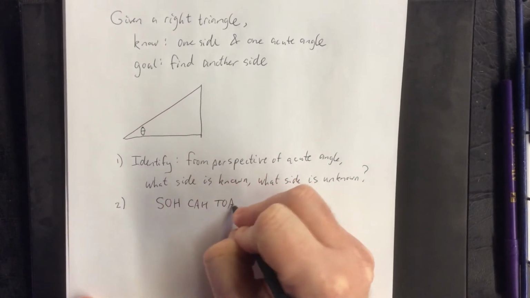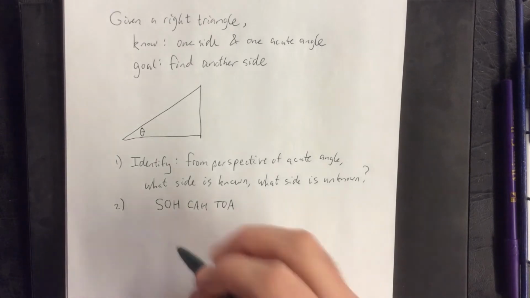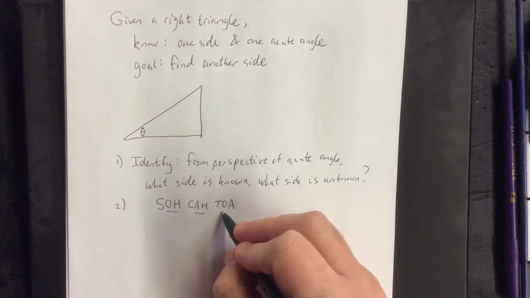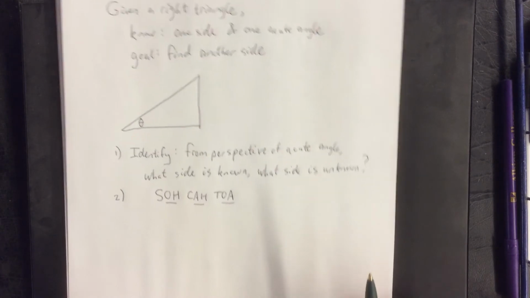Now, given that we talked about using the calculator to approximate answers, the calculator is only capable of dealing with the sine, the cosine, and the tangent. So, whichever pair you have, whether it's opposite and hypotenuse, adjacent and hypotenuse, or opposite and adjacent, you can select the appropriate setup.